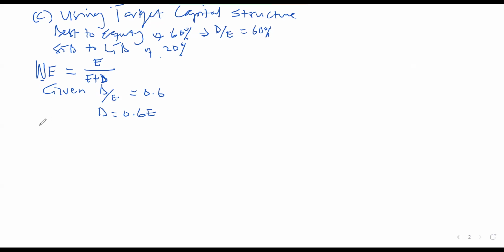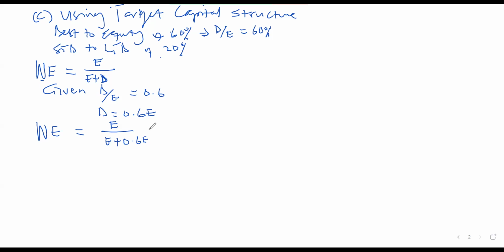So my weight of equity, WE, should be equal to E over E plus debt, which debt is now 0.6 E. Is that okay? Yes, sir. Good.